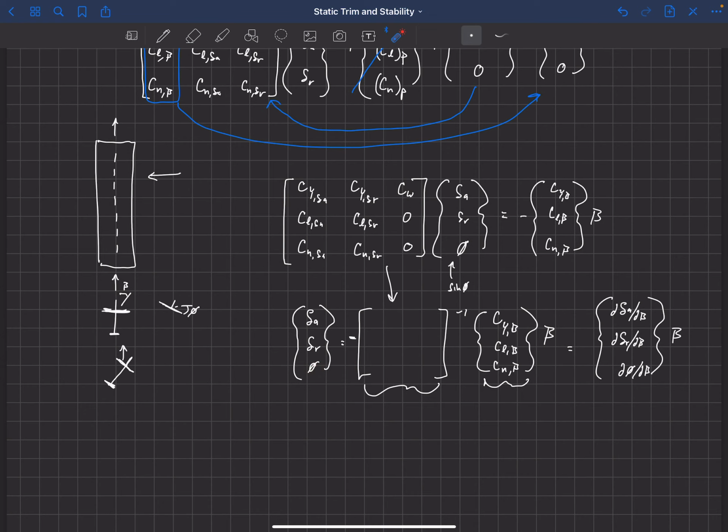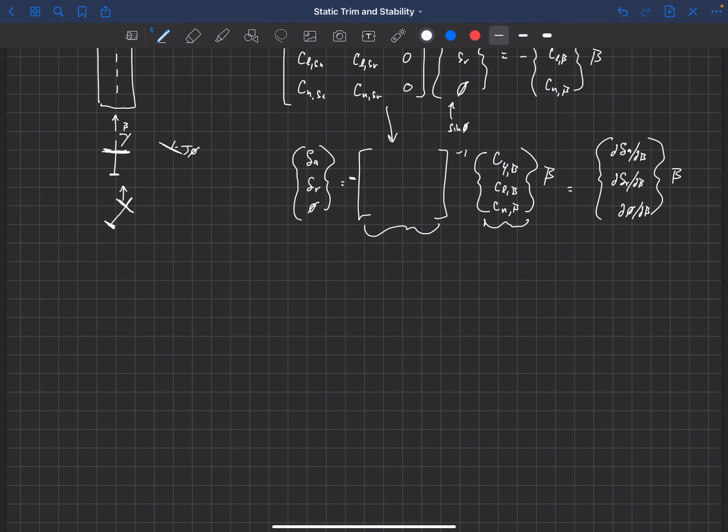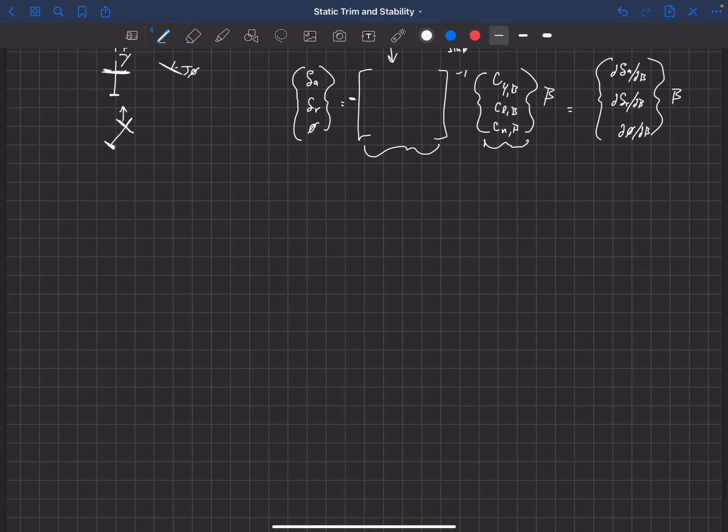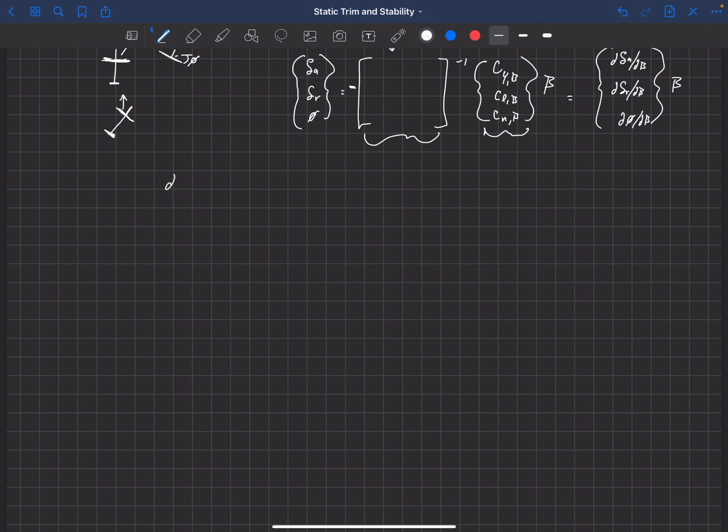Okay, so we can actually work through this, I'm not going to work through it here, I'll just give you the solution, but you can actually invert this matrix and multiply it by that analytically. So let me just show you what those solutions turn out to be.